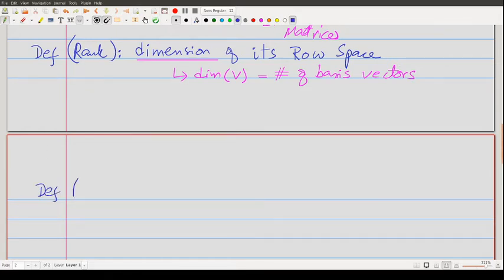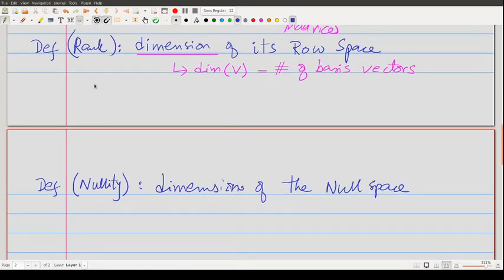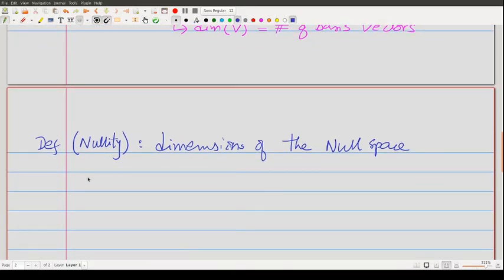The nullity is the dimension of the null space of A. So this is in the context of some m by n matrix A. The rank is the dimension of the row space.